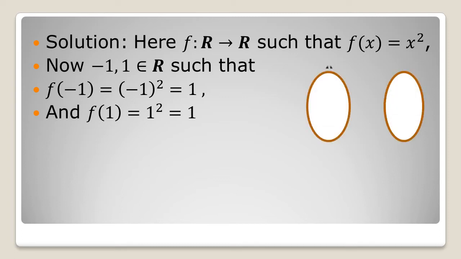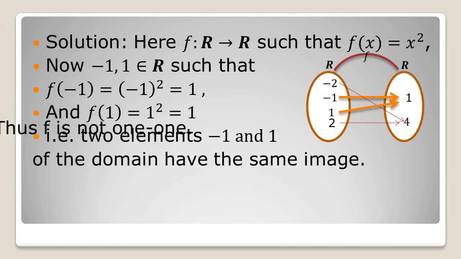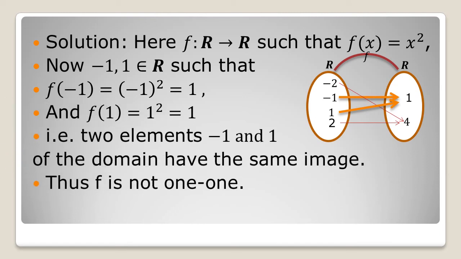You can see it in the diagram like this. Minus 1 and plus 1 both have the same image under the function f. Also you can show minus 2 and plus 2 both have the same image 4 under f. Therefore it is not a 1-1 function. That means we can put examples to show that it is not 1-1. In this way we can show that it is not 1-1.